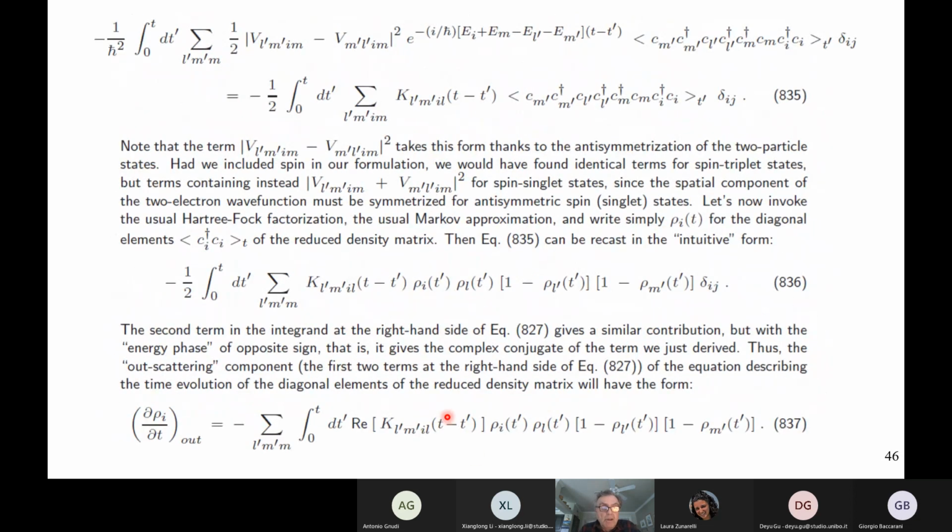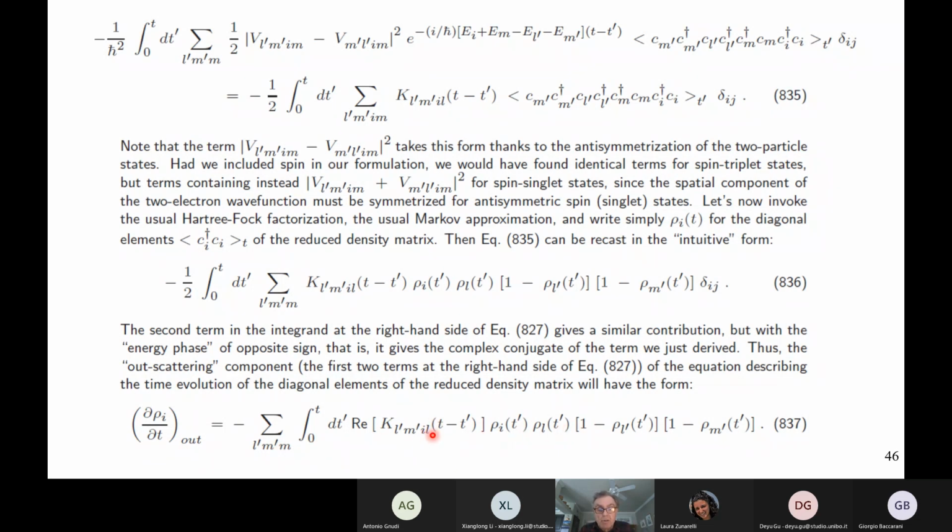Eventually we'll find a pre-master equation, which is of this form, in which now I have two-particle interactions. So the occupation of state I has to be a sum over all possible electron pairs, initial and final, partner electrons L, and the final states for the pair of particles.